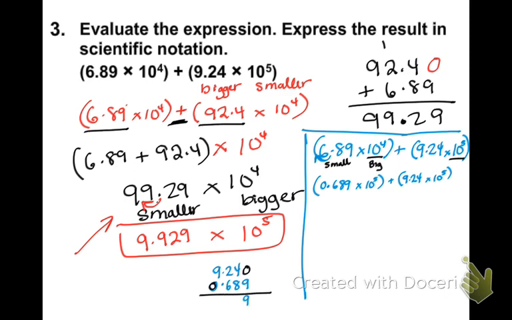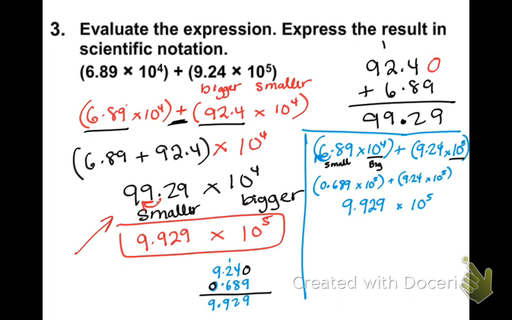I end up with 9, 12, carry the 1, it's 9. Bring down my decimal, and I have 9. So we end up with 9.92, sorry, I've got it all enlarged. 9.92 times 10 to the 5th.